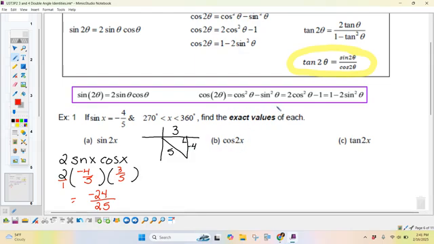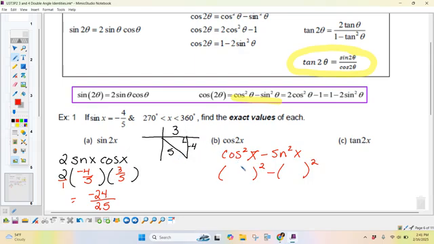For cosine 2x, we have 3 different choices. We can either use the one we just developed on the prior page, cosine squared minus sine squared, or the formula sheet gives you other forms where they've replaced sine squared with the Pythagorean identity from our last unit, or they replace cosine squared with the Pythagorean identity from our last unit. When I can, I'm going to use the cosine squared minus sine squared, especially for these types of problems, because if I use this form of the equation, I'm going to get a common denominator and not have to find it myself.